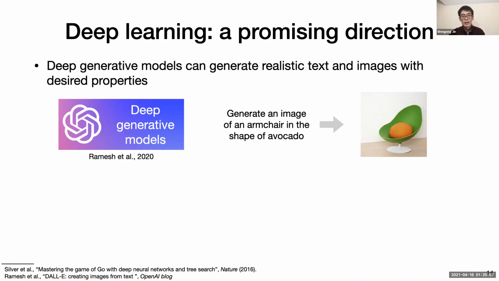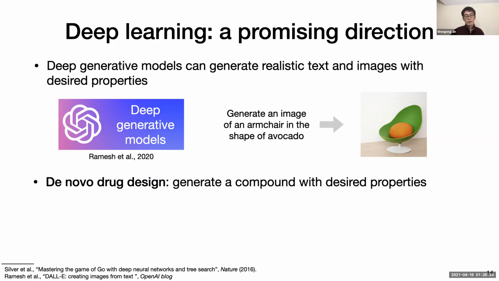This is just one example that I pulled from a paper called DALL-E, an image synthesis model. You have a sentence, say, I want to generate an image of an armchair in the shape of an avocado, right? And the model can actually generate images quite well that fit your description.